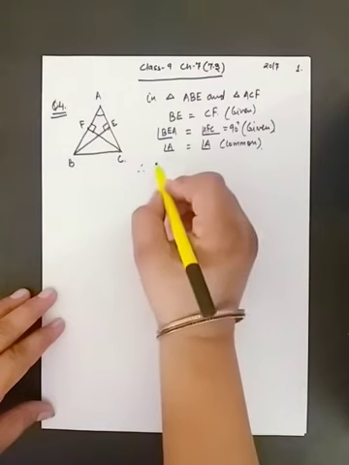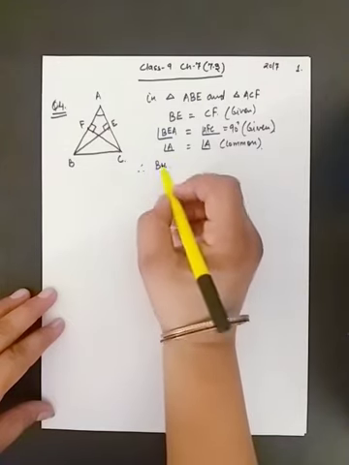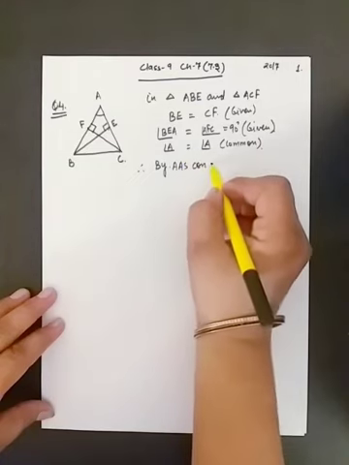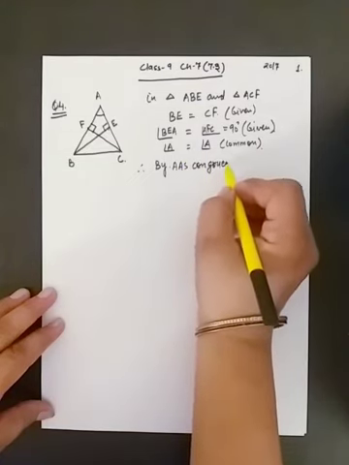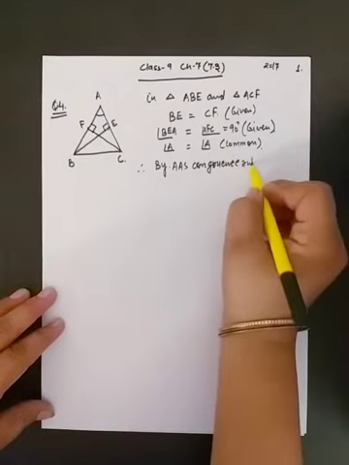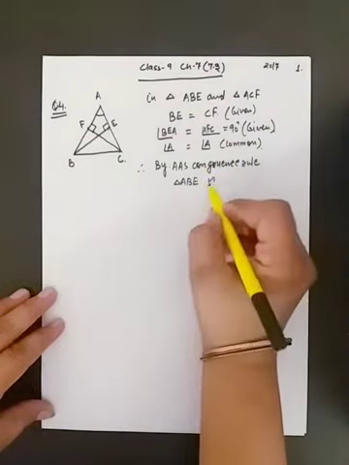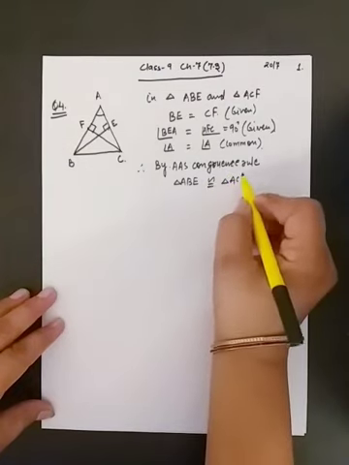So therefore by angle side congruency rule, triangle ABE is congruent to triangle ACF.